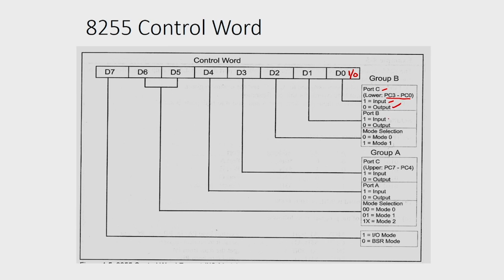The next bit will be for selection of port B. Again same thing, 1 means input port, 0 means output port. So, the next bit will be the mode selection of port B. Port B can operate in only 2 modes, either mode 0 or mode 1.